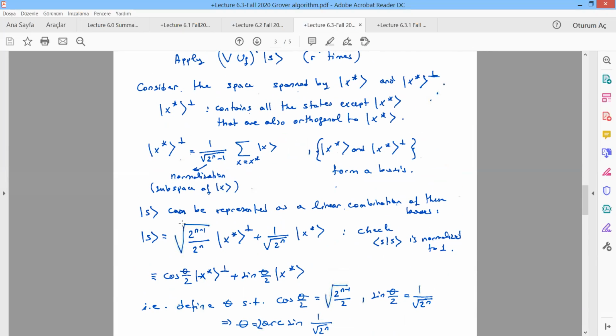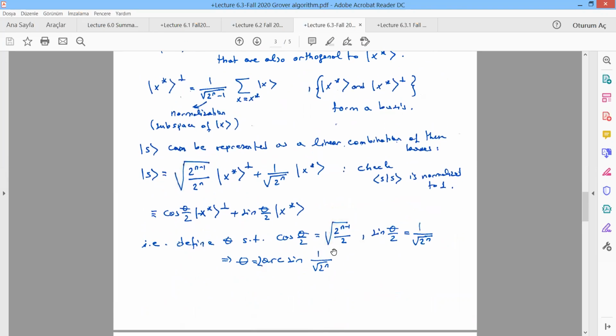We said these two states form a basis, so we can represent |s⟩ as a linear superposition of these two states. You can check that, as it should be, in this representation it's normalized. Its length, ⟨s|s⟩, is 1. You can easily show this.